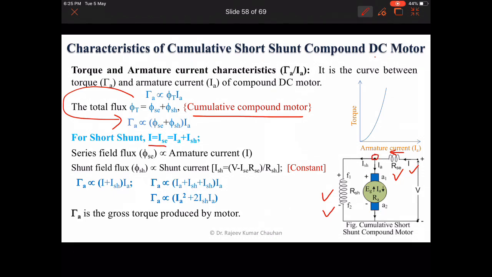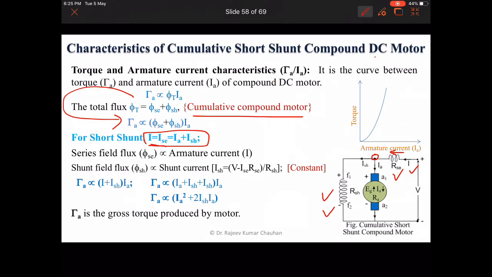At this node, if we apply Kirchhoff's current law, then I is equal to Ish plus Ia, because Ish and Ia are the outgoing currents at this node, while I is the entering current at this node. So, we get the current relation for this short shunt compound motor.